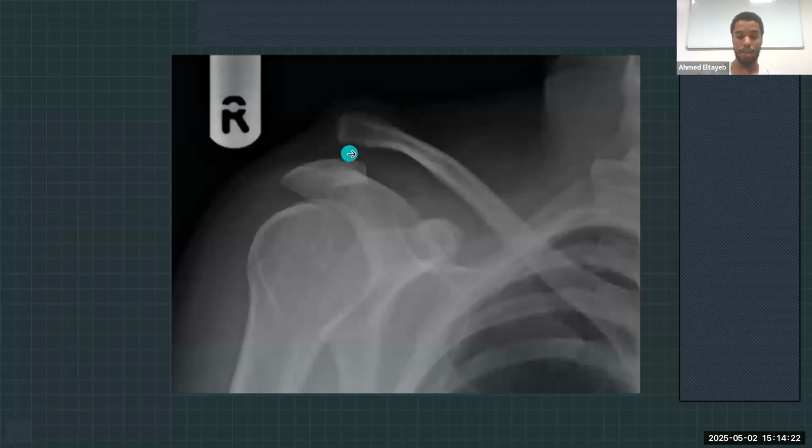Here, we have a dislocation of the acromioclavicular joint. And essentially, when the ligament connecting the acromion and the clavicle tears, the clavicle would be pulled up. So this is an X-ray of an acromioclavicular joint dislocation.